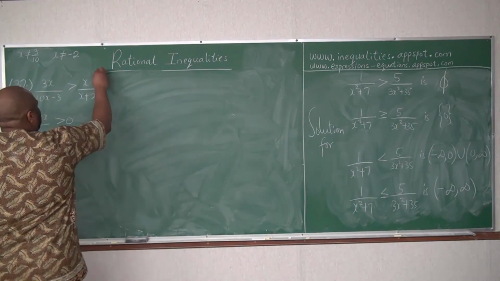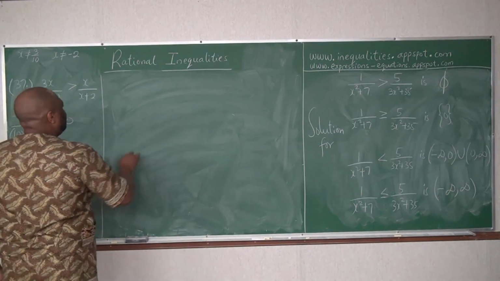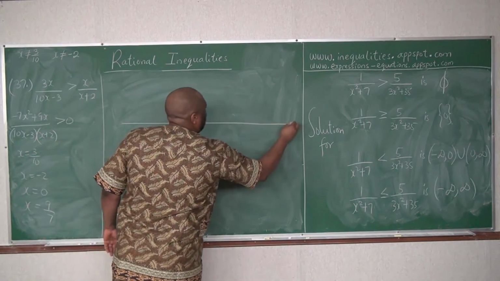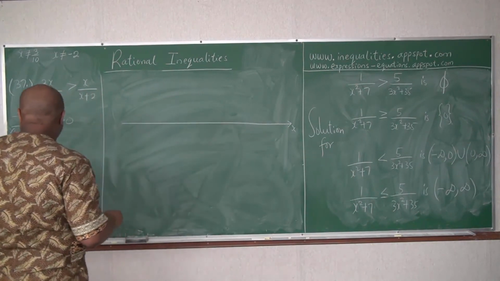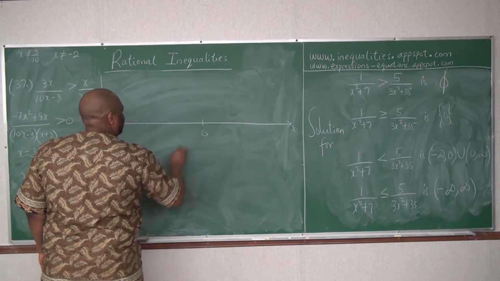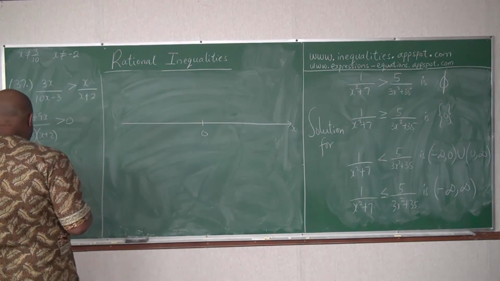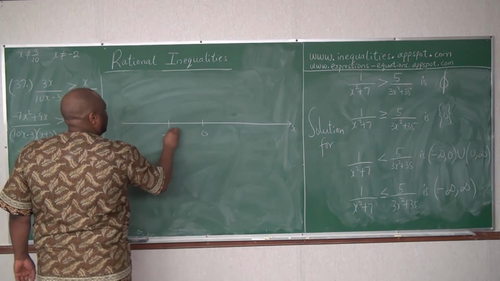So let's get it here. We put this in the number line. We have 0 in the middle, of course. We have negative 2 here.